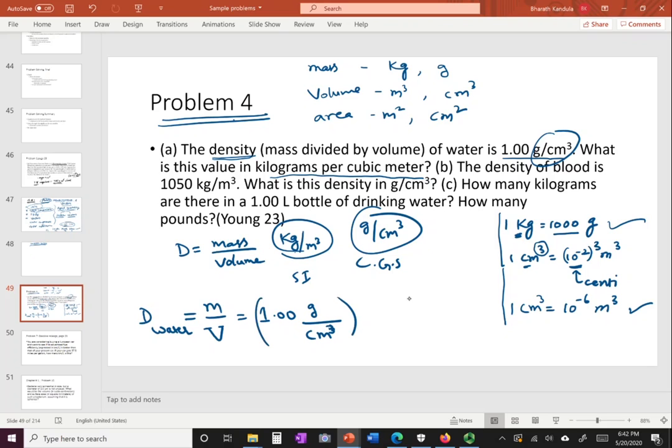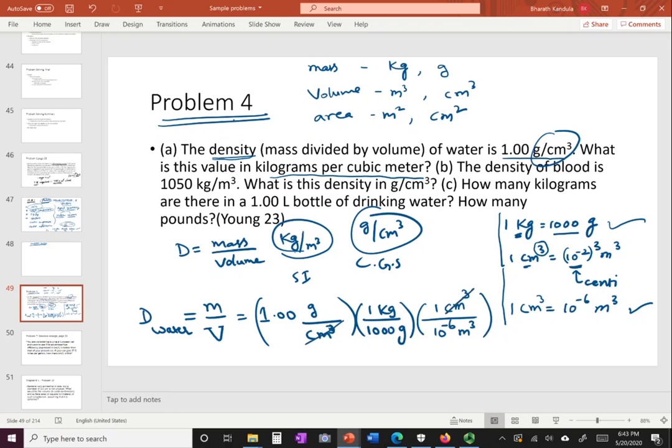By converting this into kilogram per cubic meter, I write 1000 grams is equal to 1 kilogram. So I write kilogram in the numerator, 1000 grams in the denominator, because this way grams get cancelled, so you will have kilograms in the numerator. And you will write 1 cubic centimeter in the numerator is equal to 10 to the negative 6 cubic meters in the denominator.